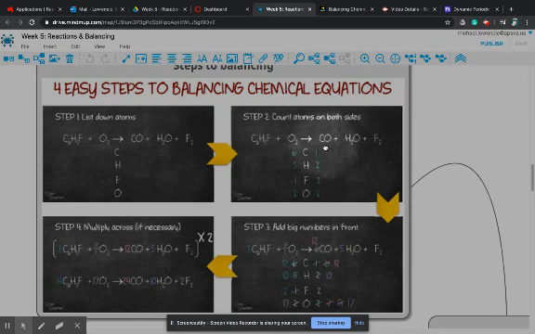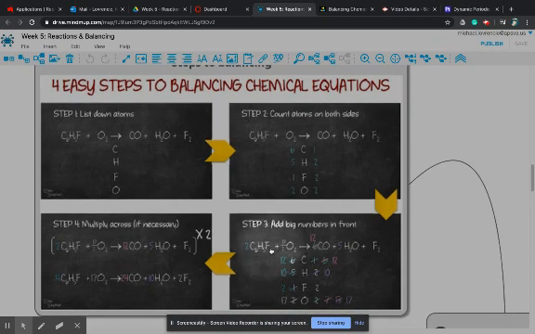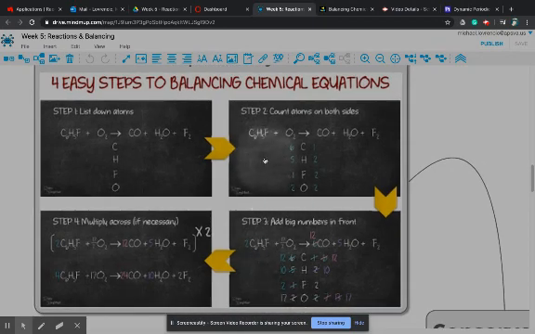If we do the fluorines first, we're going to have to put a coefficient of 2 in front of this so that we have 2 fluorine atoms. Remember, that coefficient distributes to everything in the compound. So that means we're going to change the number of carbons and hydrogens as well on the reactant side, and the fluorines too.